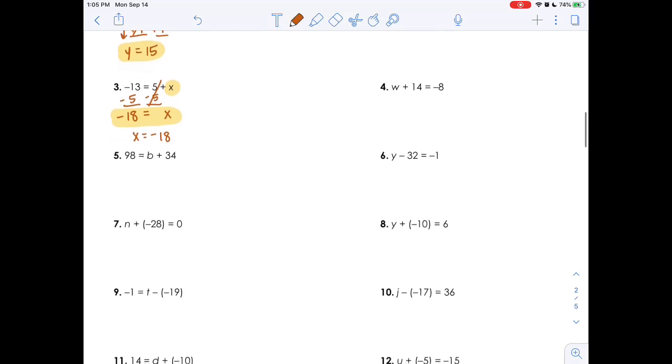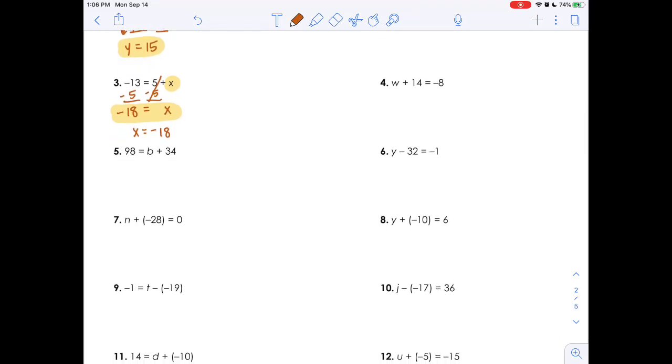Looking at number 5, I have 98 equals b plus 34. My variable here is b. I have b plus 34. If I want to get the b by itself, I need to subtract 34 from this side. 34 minus 34 will give me 0.